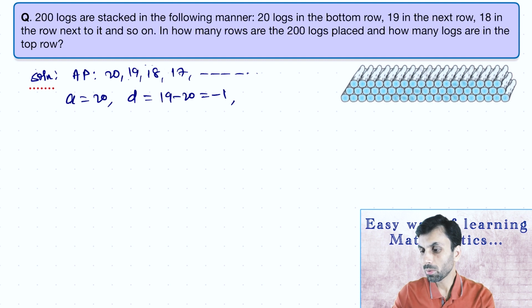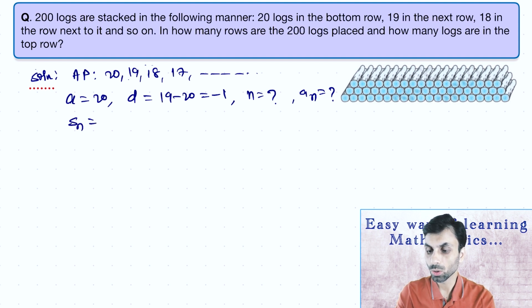And here we have to find out that n value, and also we have to find out what will be an, whereas it is given that Sn equals 200.